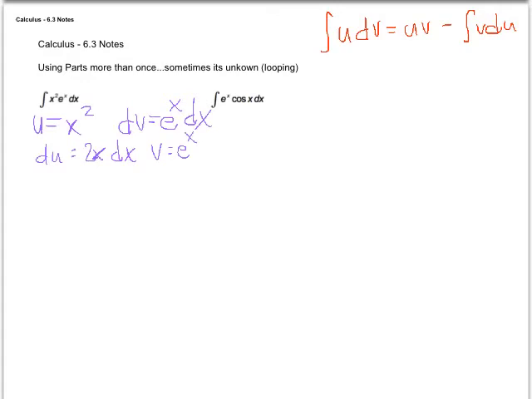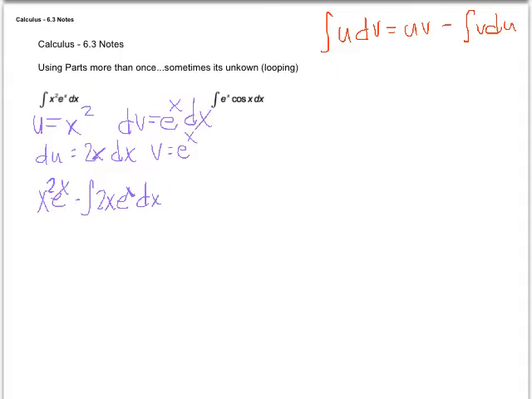And so when I apply my formula, I've got uv, so x squared e to the x, minus the integral of v du, let's write 2x first again. Okay, so there's that.